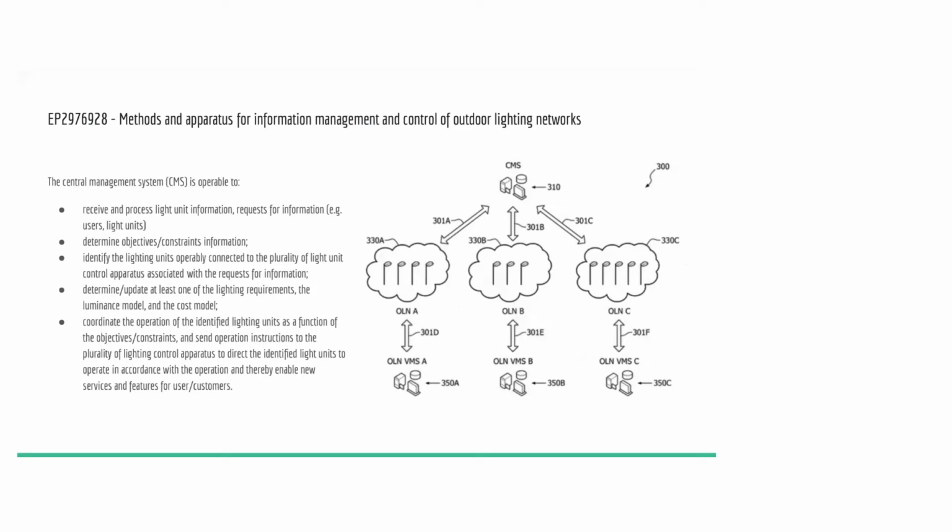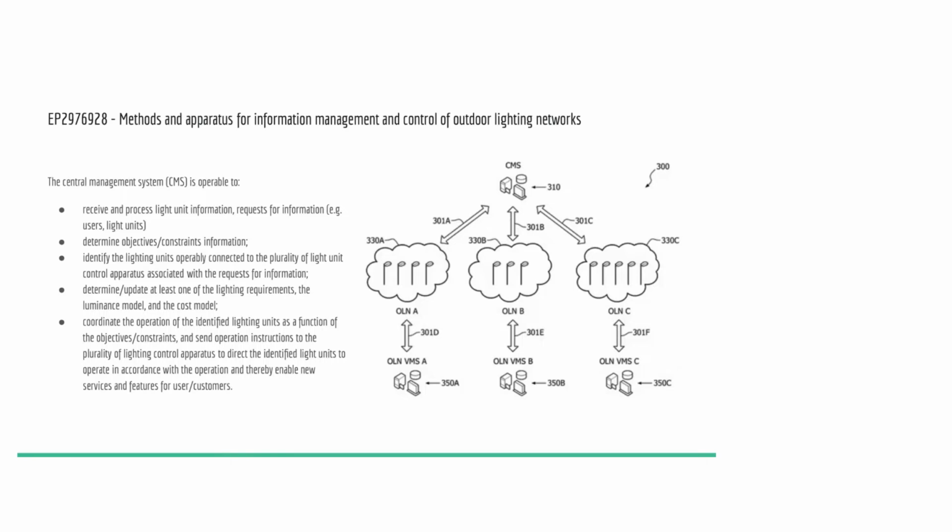This system will receive and process information from the light units, will determine objectives from the information which is received, will identify the units which are connected to the bunch of lighting systems, and will also have an ability to determine and change the lighting requirements, the model of illumination, how much it will cost for the lighting on a concrete part of the city, and also it will coordinate the operation of all the units across each other.